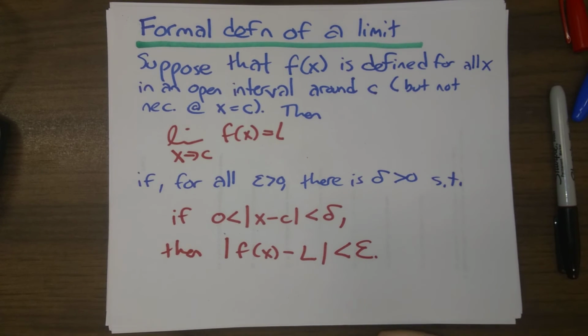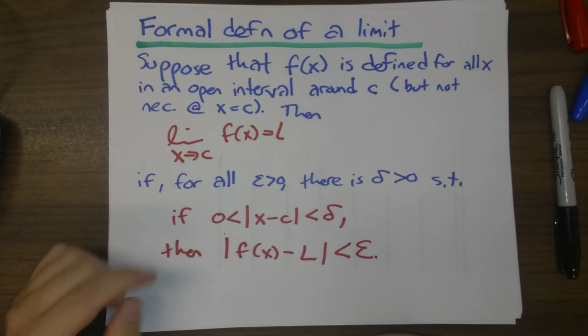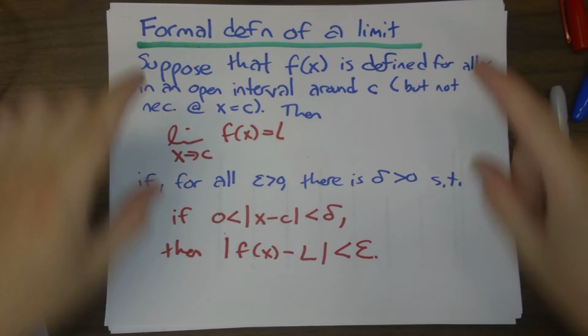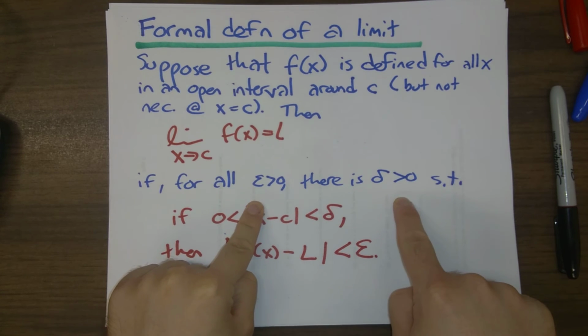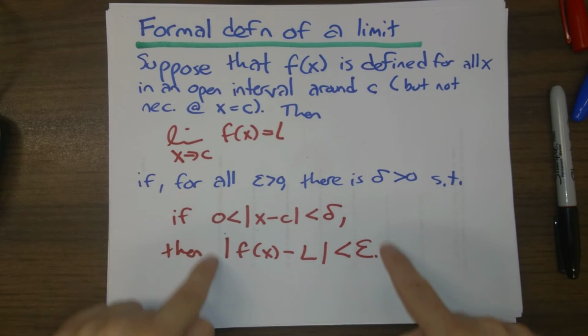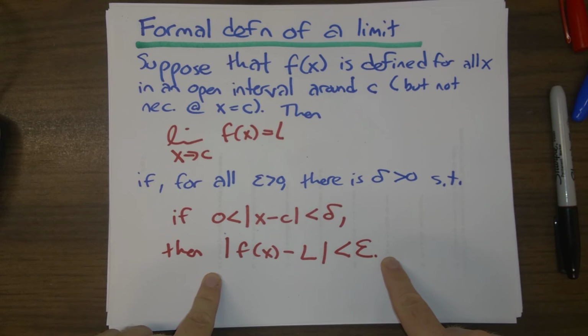So this might look scary at first glance. This is all standard prolog, so the new things here are this epsilon greater than 0, the delta greater than 0, and these two inequalities here. So it's actually things that we just dealt with.